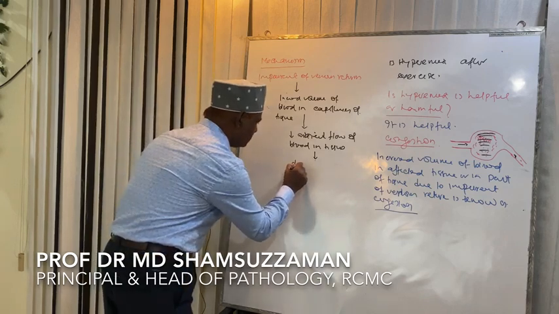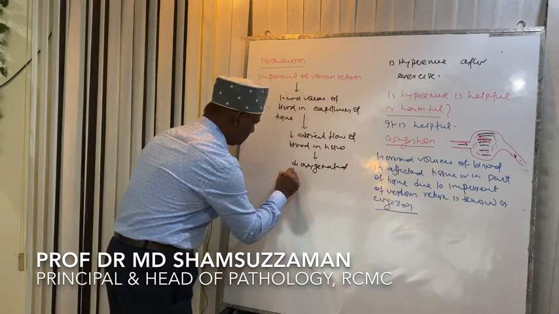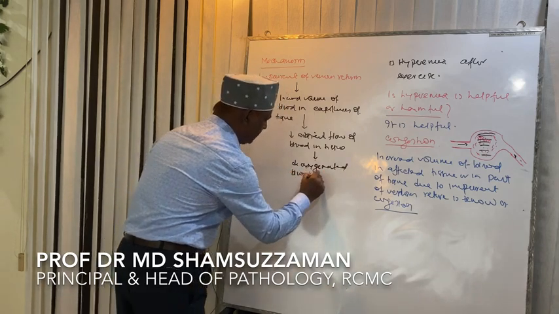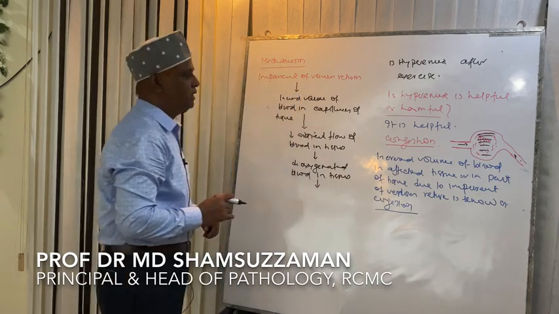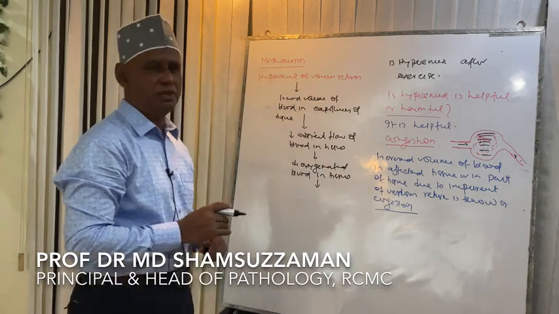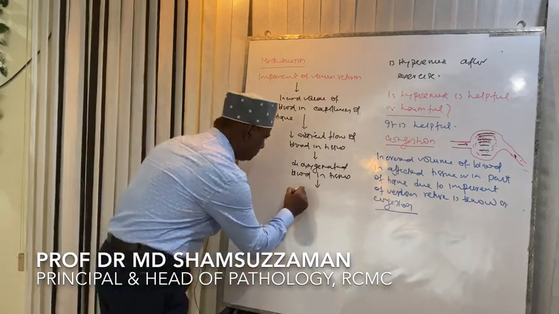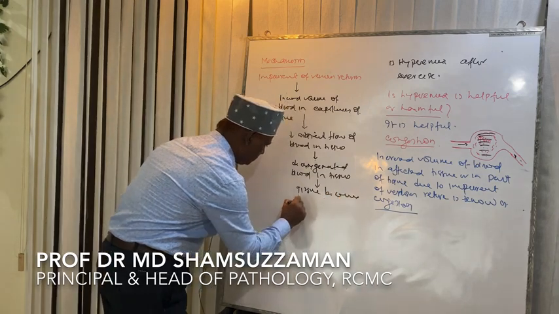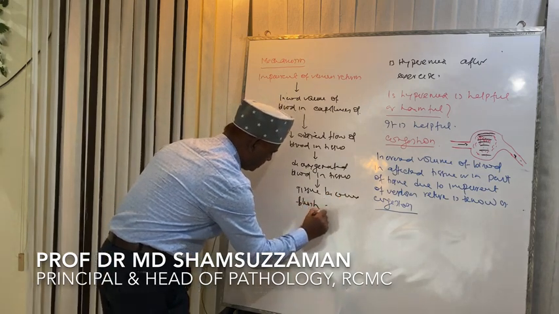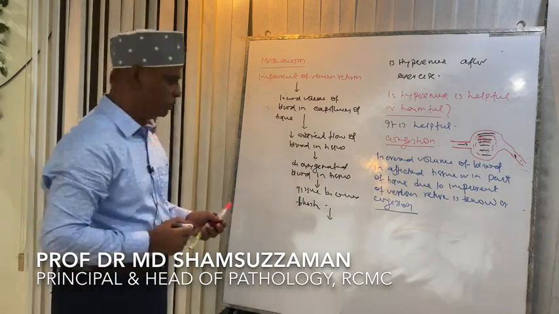So there is deoxygenated blood in the tissue, and due to deoxygenated blood the tissue becomes bluish. And ultimately, there is chance of development of cyanosis.